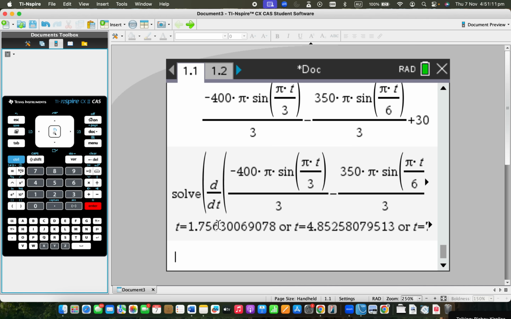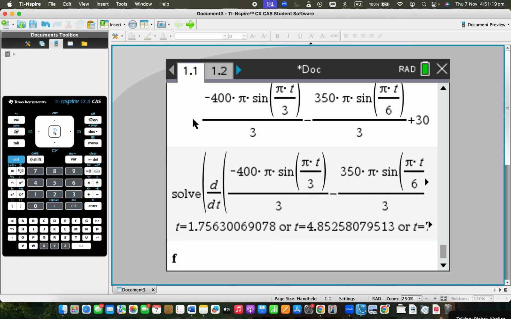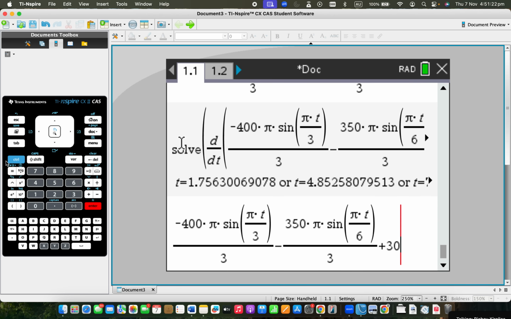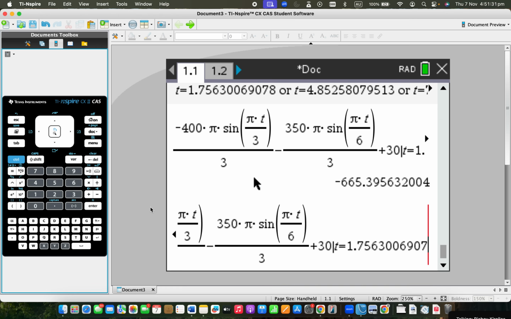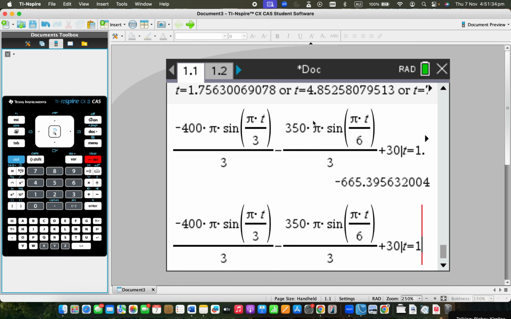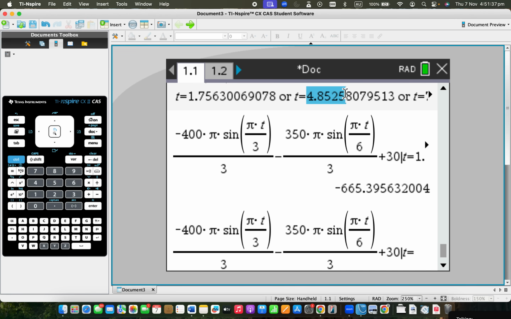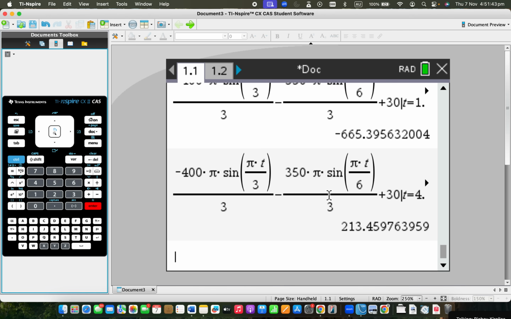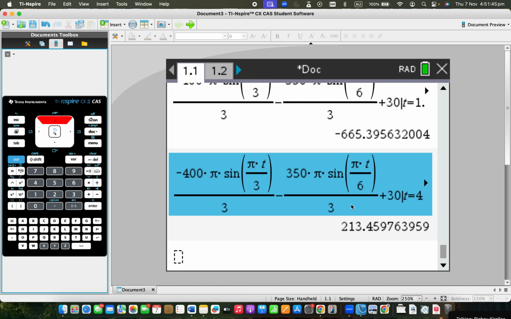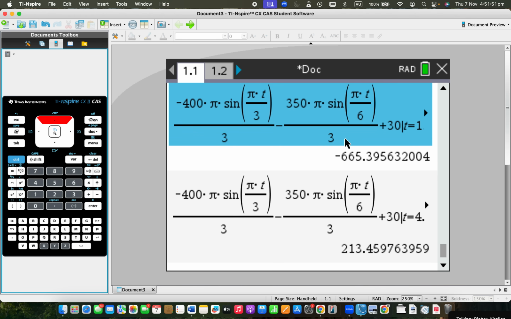Value of t when this maximum rate occurs. The values of t. So I think these are all the same. But let's see. So now we just want to do this, but t is equal to this. And then what about the next value? Okay, so actually no. Now, we don't have the 1, so get rid of that.